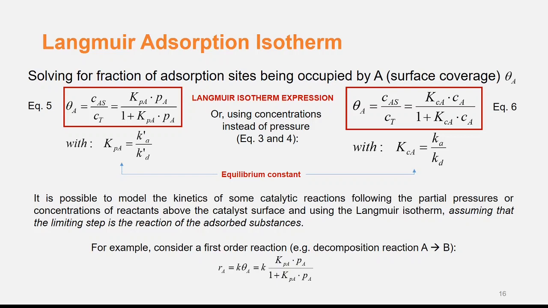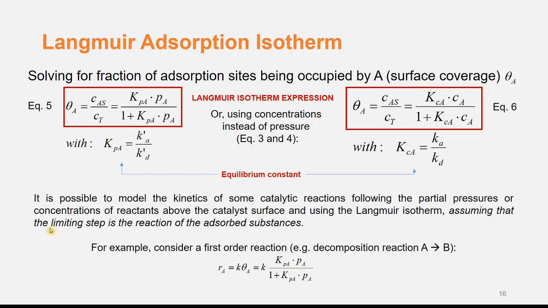So if we have a first order reaction, A goes to B, then the overall rate of reaction is simply given by Ra equal to k times theta A, where theta A is the equilibrium coverage of A as given by the Langmuir isotherm expression.